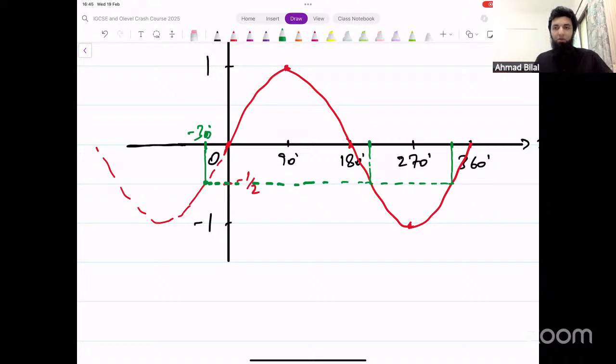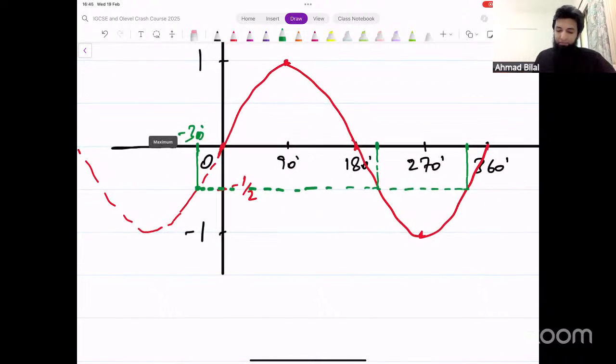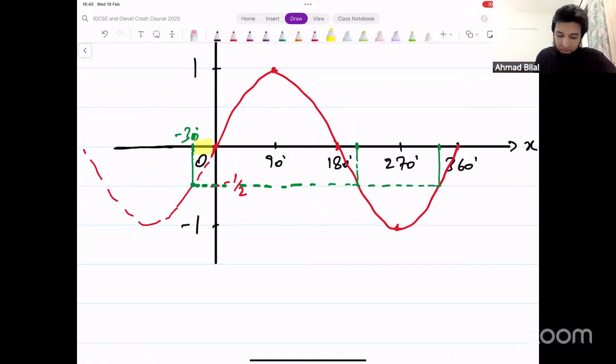Again, use the symmetry of the graph. What's this distance? 30 degrees. Okay, this is 30 degrees. What you do is you say this distance here should also be 30 degrees on the right side. So the point that you have here is 330.